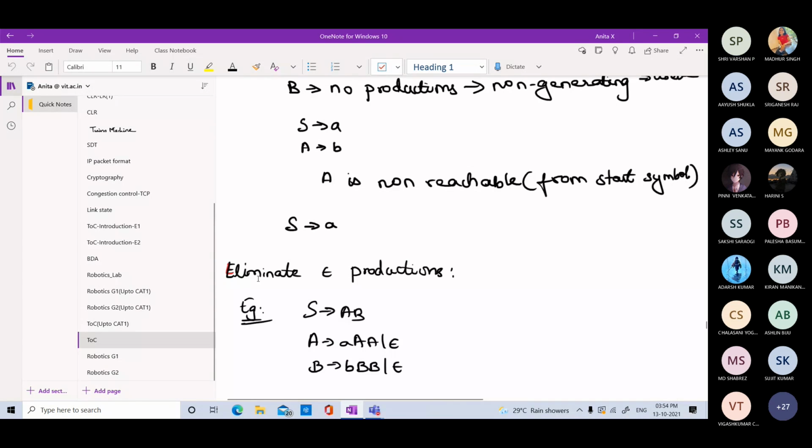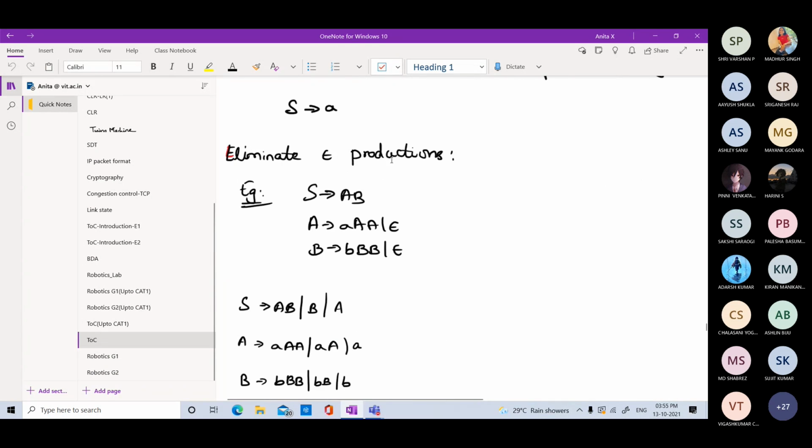But when we talk of the null production and unit production, the meaning of those productions should be retained. Next comes the null production, that is the epsilon production. Here you can see A derives epsilon and B derives epsilon. So A and B are null.